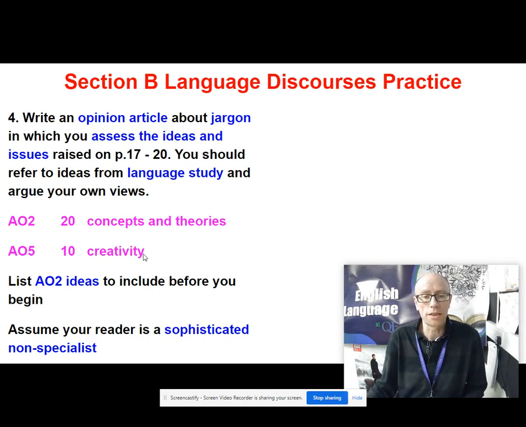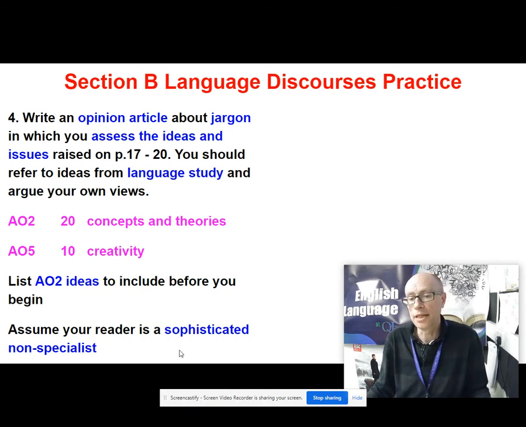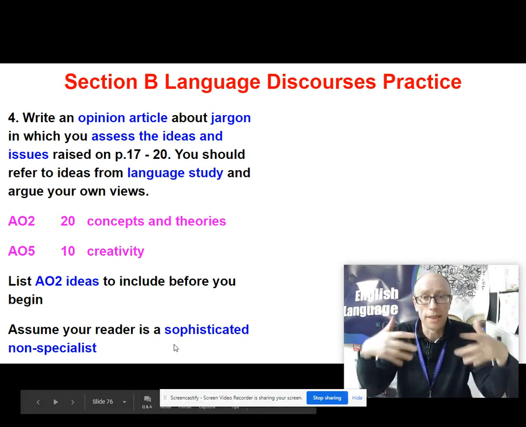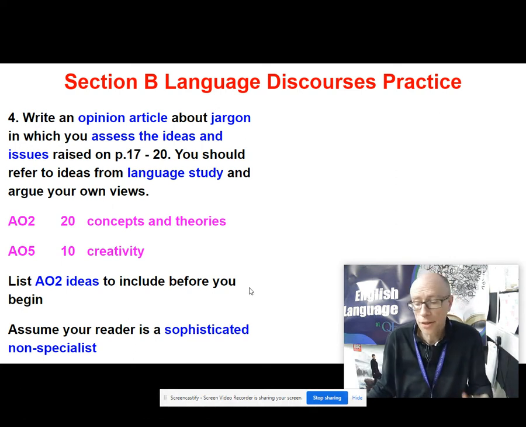So the way to start on this is to make a list of all the AO2 ideas that you think you're going to be including. And also when you're writing it, do bear in mind that your reader is not a specialist, supposedly. The implied reader, they're a non-specialist.